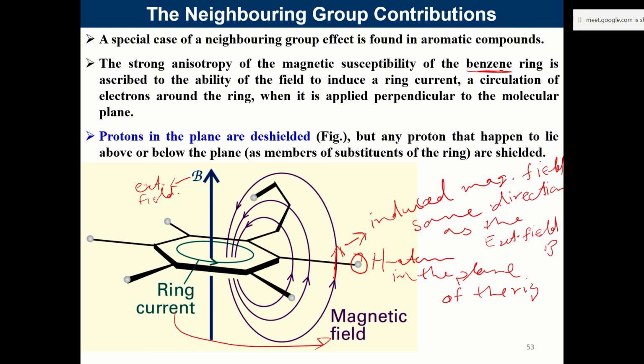So the induced magnetic field has the same direction as the external field, so it adds up. It contributes a paramagnetic effect, causing an increase in the overall field that this hydrogen atom feels.